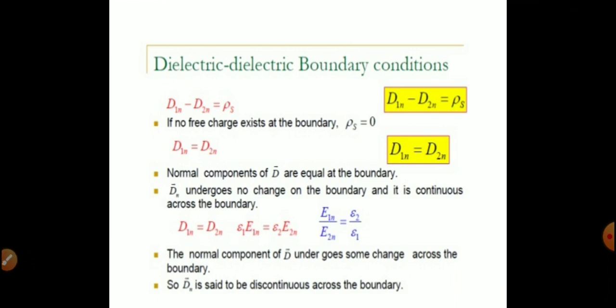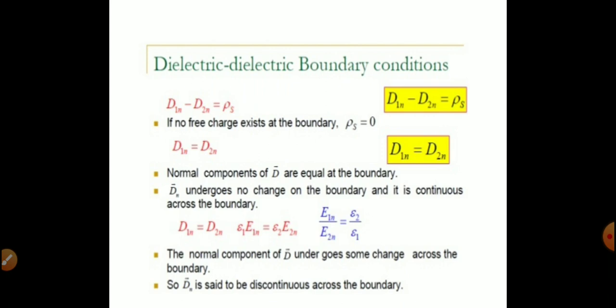Dielectric boundary condition: D1n minus D2n equals rho s. If no free charge exists at the boundary, rho s equals 0, so D1n equals D2n. The normal component of D is equal at the boundary.